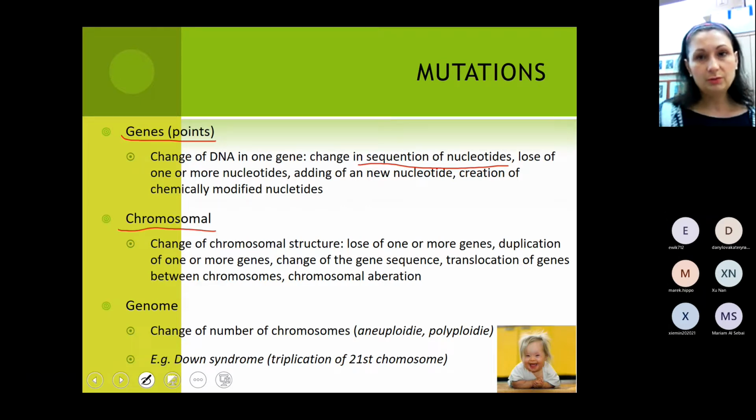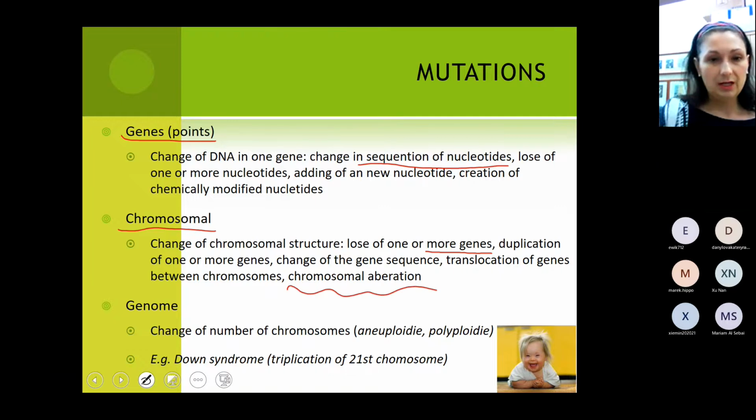So there are chromosomal mutations. There are some changes in chromosomes. One or more genes can be lost or duplicated, triplicated, and so on. So it's about the translocation of genes between chromosomes and also about chromosomal aberrations.